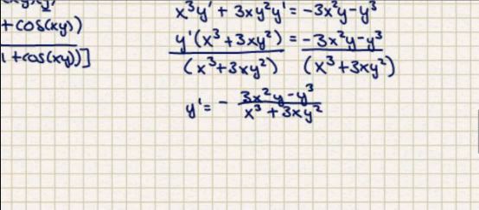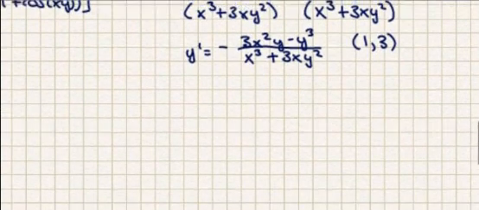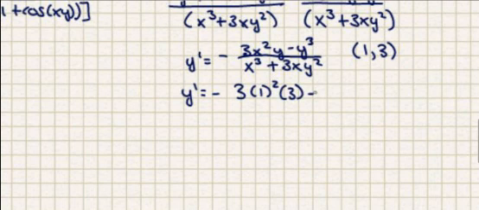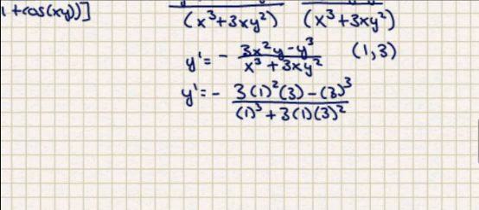Okay, so again, we're finding the slope at the point (1, 3). So we're going to plug those in.